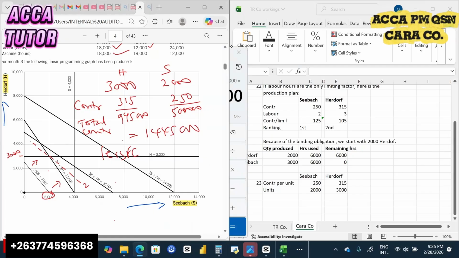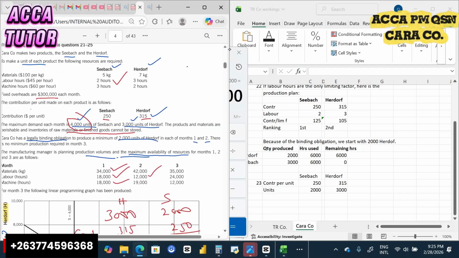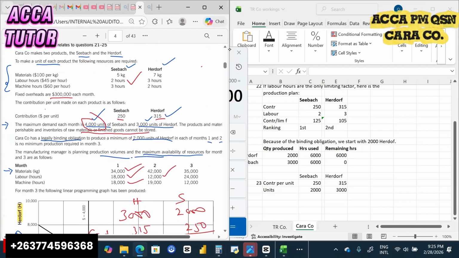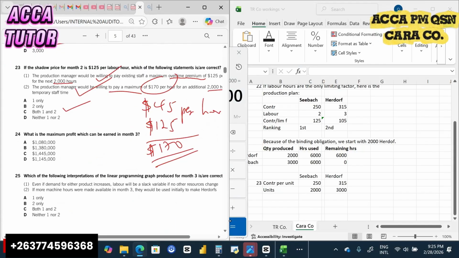How much was the fixed cost? 300,000, right? That's the profit which we are required to calculate. So that's 1,145,000. Do we have that answer? So the answer is D.